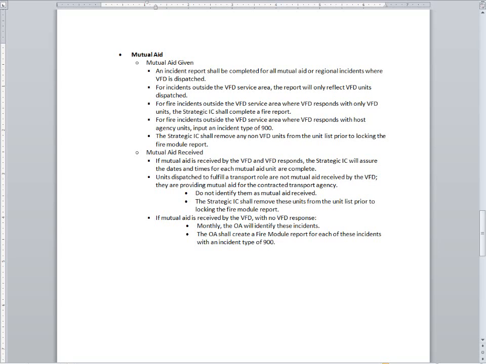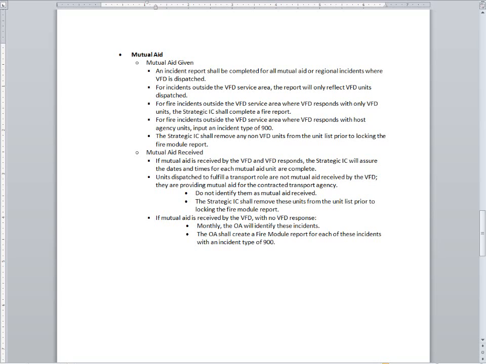Last bullet under mutual aid given, the strategic IC shall remove any non-VFD units from the unit list prior to locking the fire module report, because again, we're not going to document the service level that Fire District 3 has with their units. All we're interested in is our times and our units. So that's really the concept around mutual aid given.